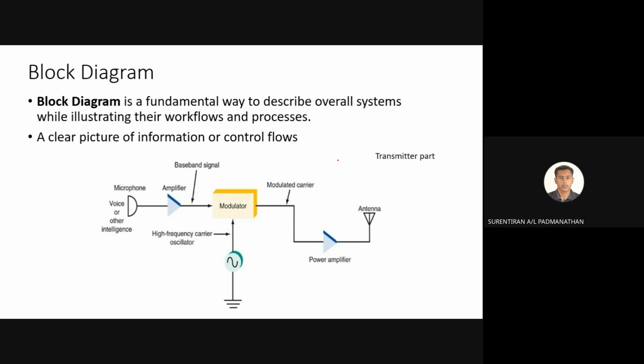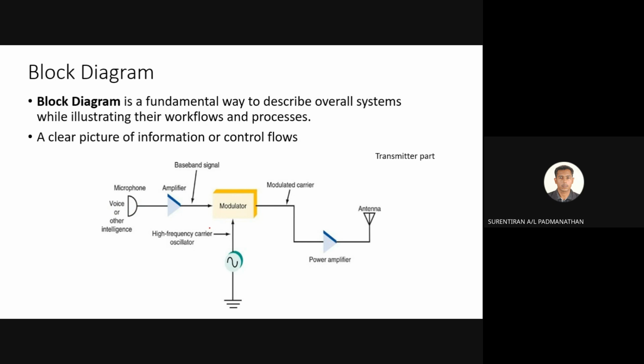For a block diagram of a transmitter, if you miss this, it's considered non-logical because you need something here for the modulation. The modulator will modulate two signals: one from the oscillator and one from the voice or another source.